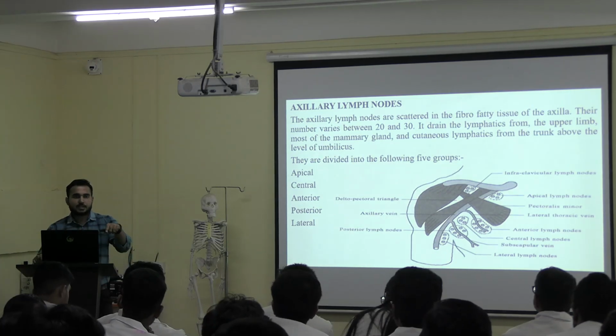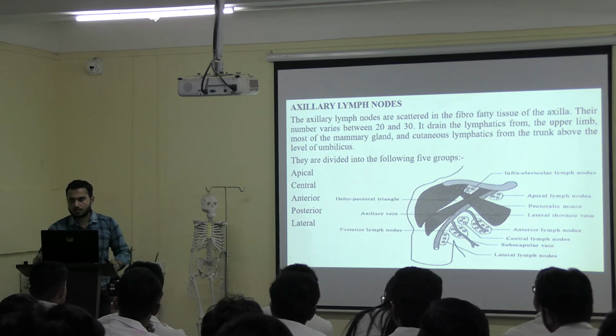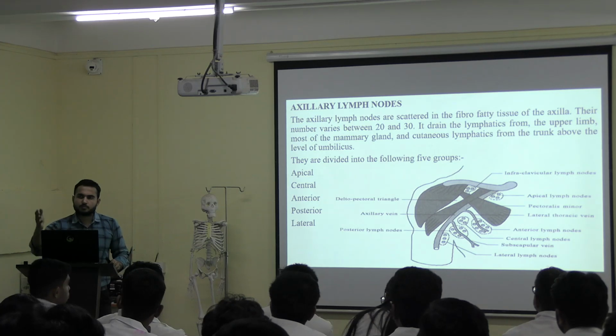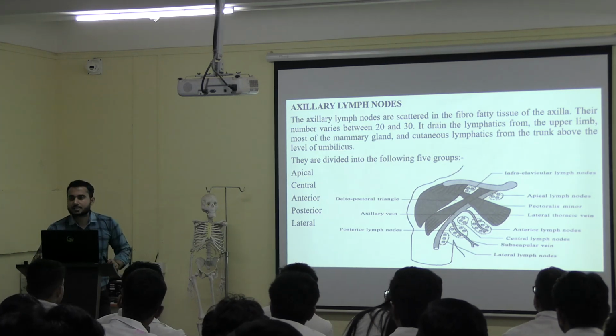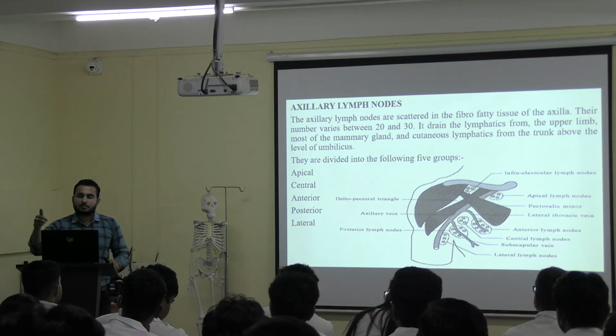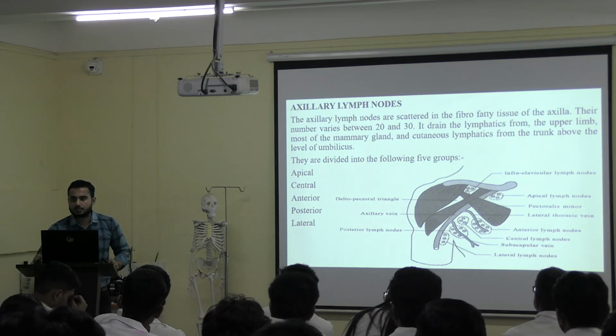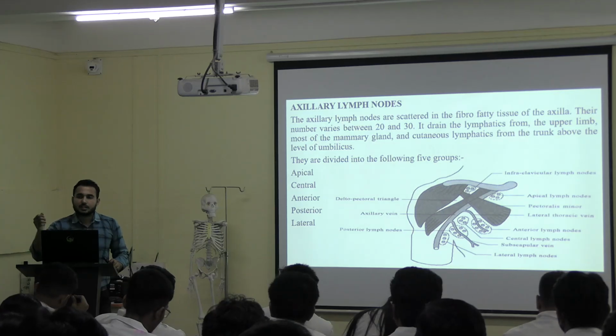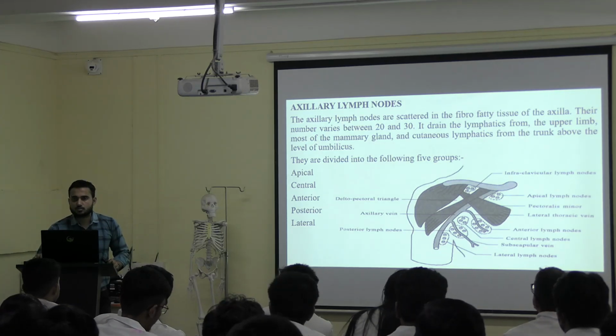So whenever a person presents with a common problem, for early diagnosis of breast cancer, manual palpation of the axillary lymph nodes is done to see whether the lymph nodes are enlarged or not.